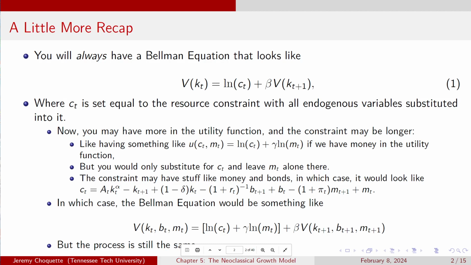Now, the point that I want to make here is, when you're like, okay, how many first order conditions am I going to need to get here? The number of first order conditions you will need to get, where you take your derivative and set it equal to 0, will be equal to the number of arguments in that V function. So for V of KT, you had one first order condition.